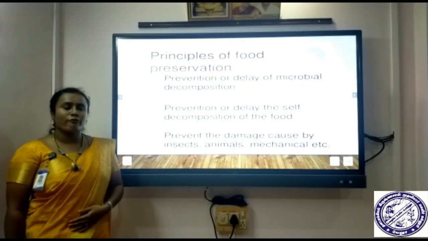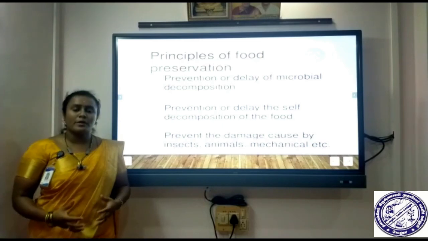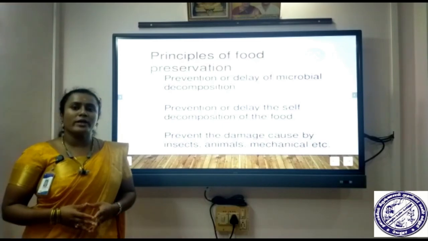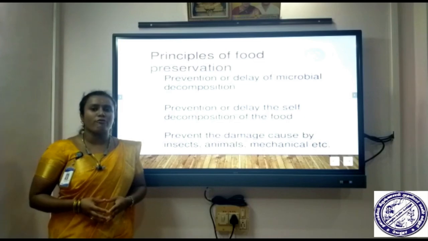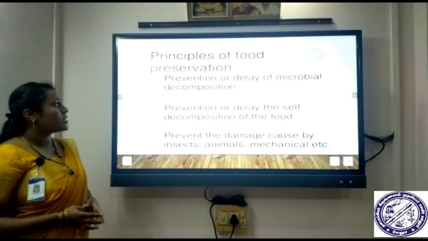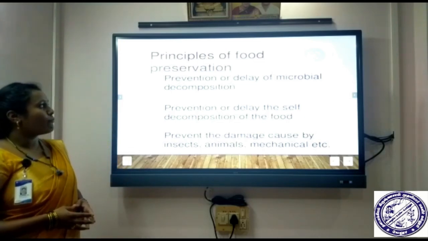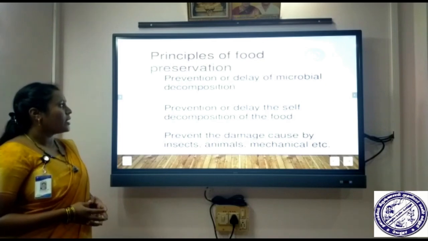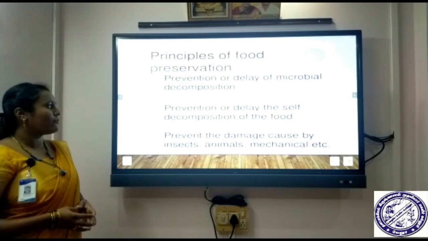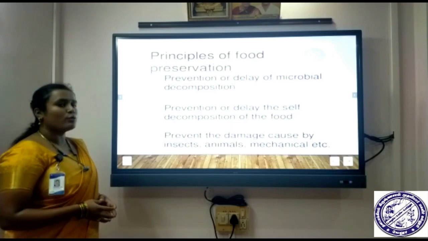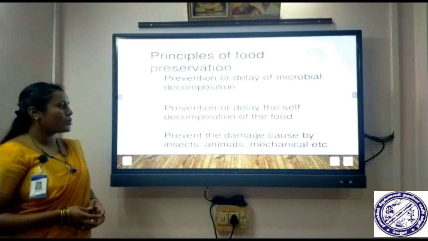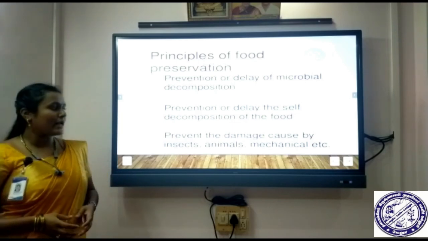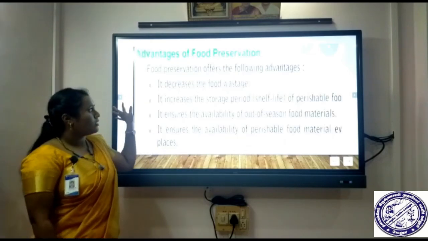Next one is the principle of food preservation. The main purpose of food preservation is controlling microorganisms and removing water content. First one is prevention or delay of microbial decomposition, second is prevention or delay of self decomposition of food, and third is preventing damage caused by insects, animals, mechanical damage and so on.